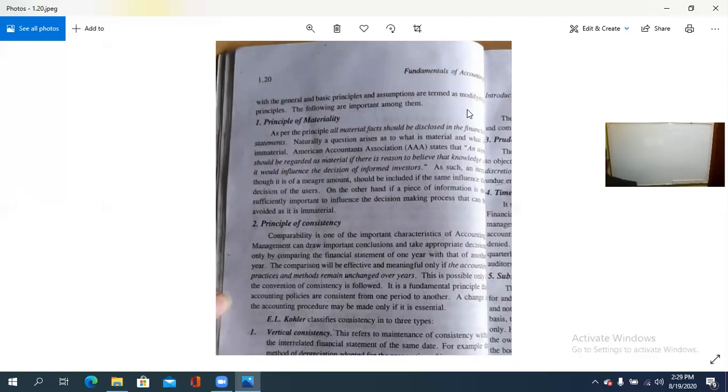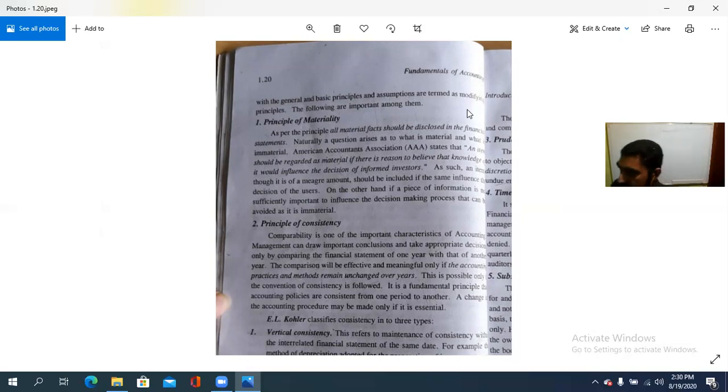So what are the modifications to be done? Principle of materiality, number one. As per the principle, all the material facts should be disclosed in the financial statement.